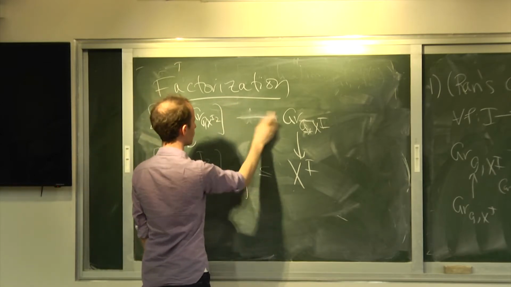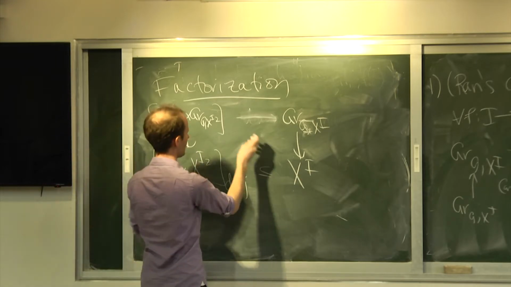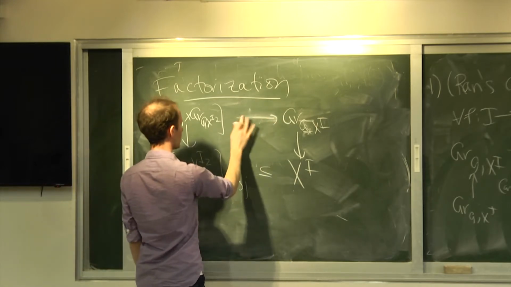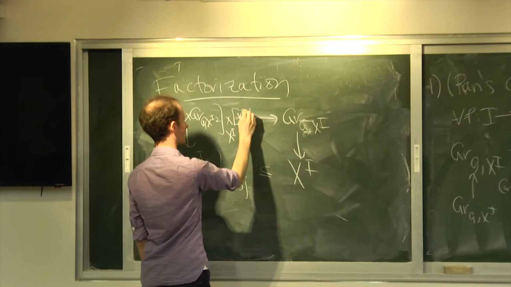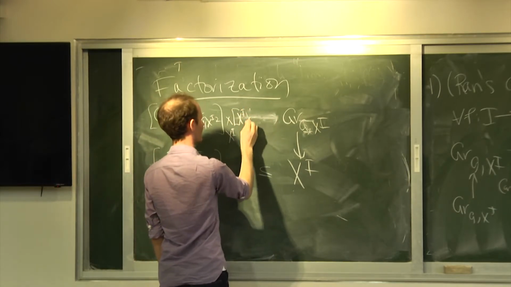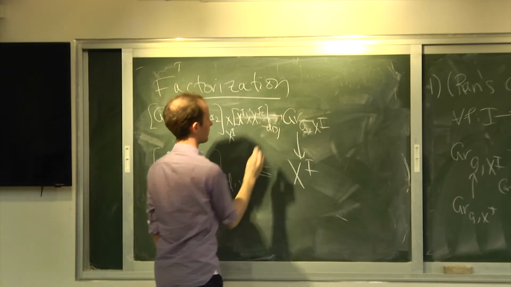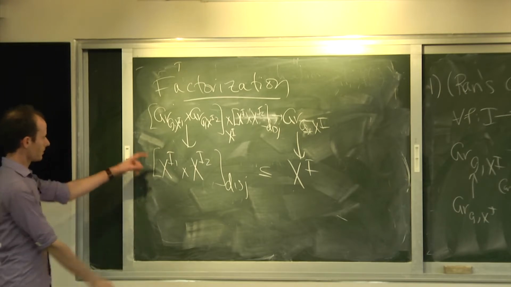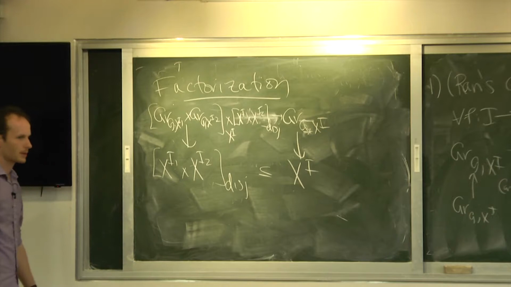This should be restricted to this open set, certainly, since this thing maps to x^I. So this is just the restriction of the product to that disjoint locus.